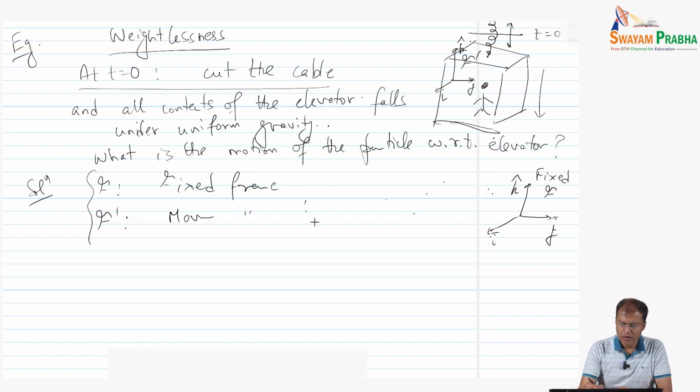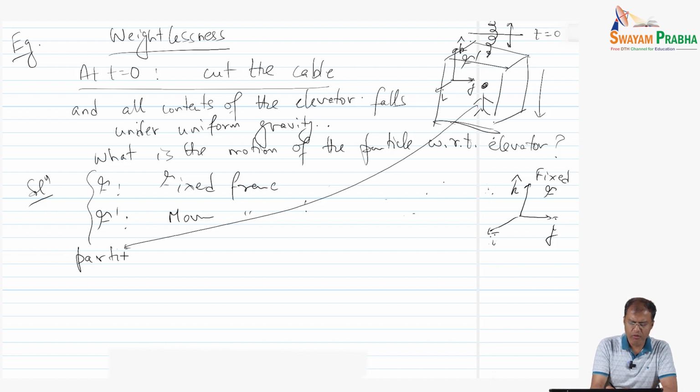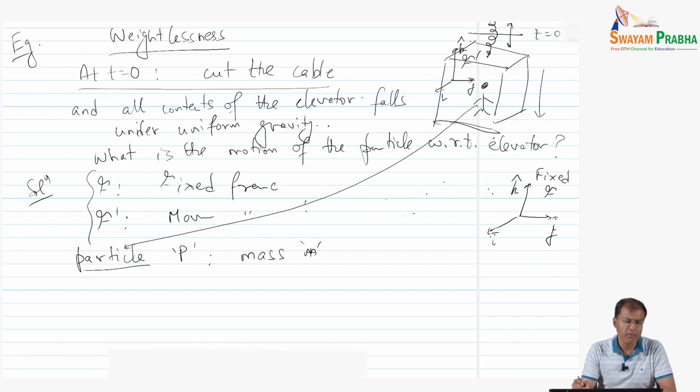Okay. So let me just show this step by step. We have the two frames, the fixed frame and the moving frame, and suppose this particle P, although this is a person, has mass m, the inertial mass.